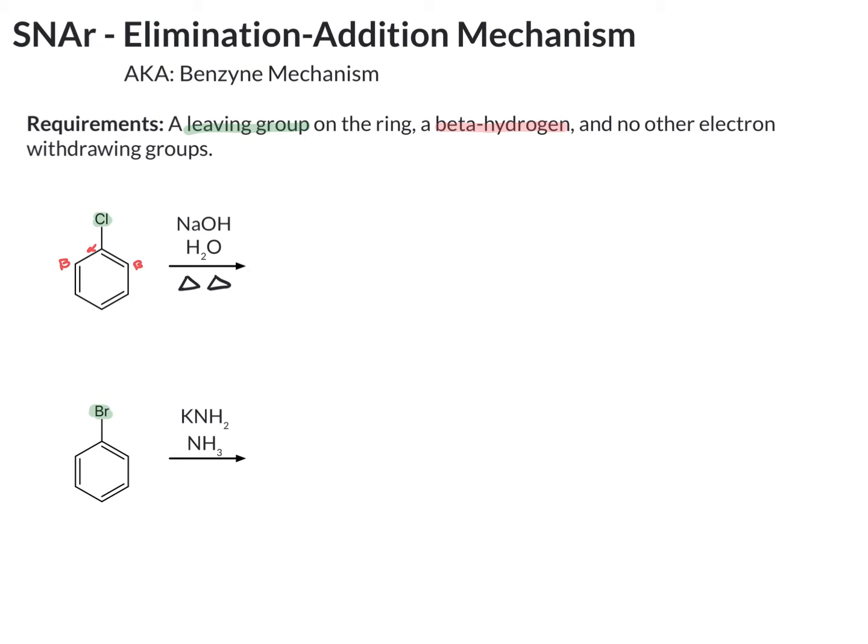And then in this case, you don't need any other electron withdrawing groups. So the reagent, again, is a nucleophile. Here it's OH minus. The heat is needed to help push this reaction along. So this reaction does require more forcing conditions.